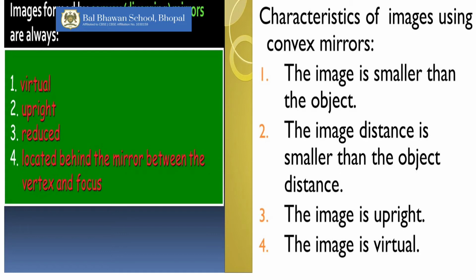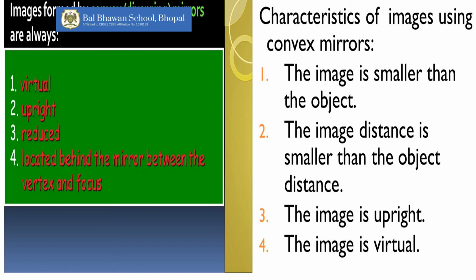Again, when you look through a convex mirror, the image is smaller than the object, and the distance of the image from the mirror is also less than the distance of the object from the mirror. The image is upright, erect, and virtual.